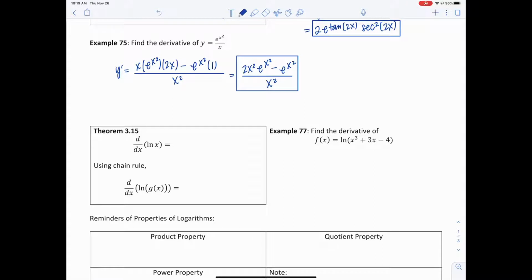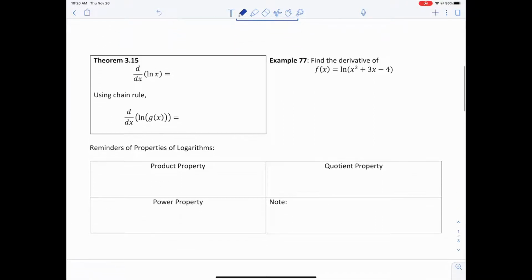All right, our next theorem is on the derivative of a log, in this case, a natural log. So remember, ln means log base e. The derivative of ln of x is 1 over x.